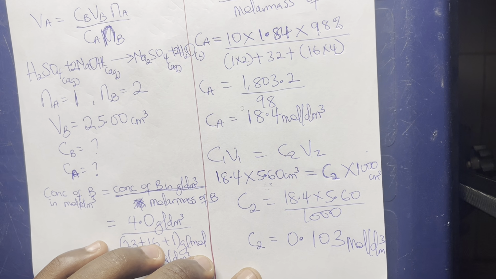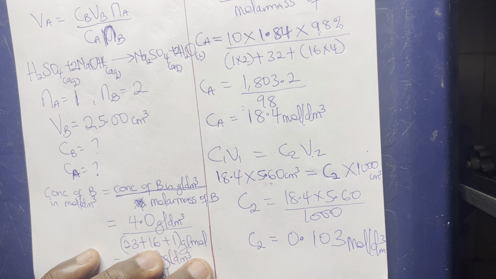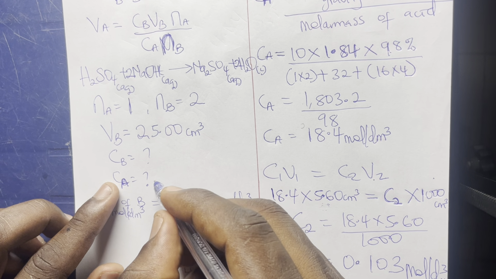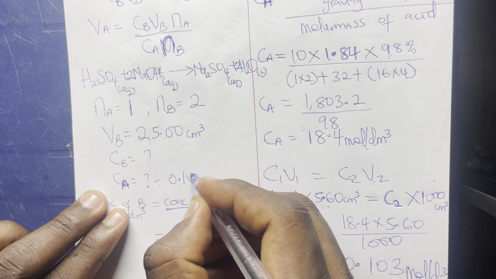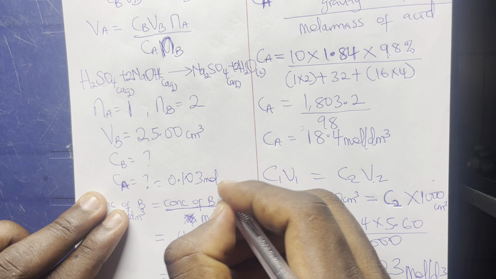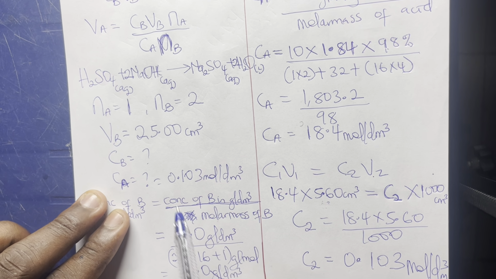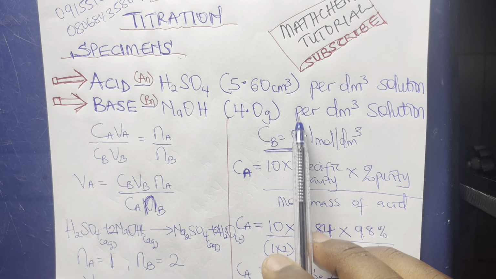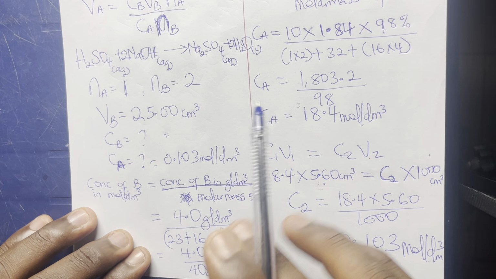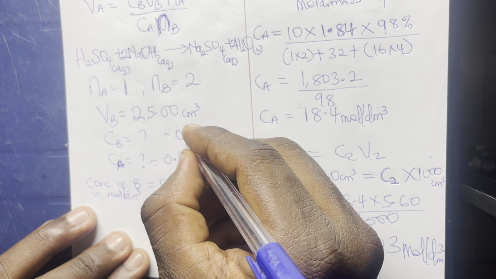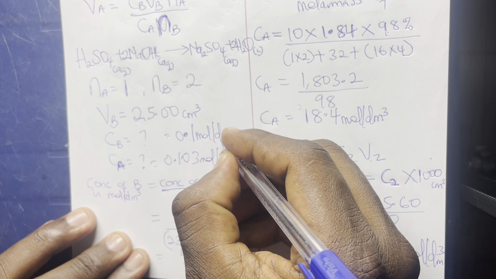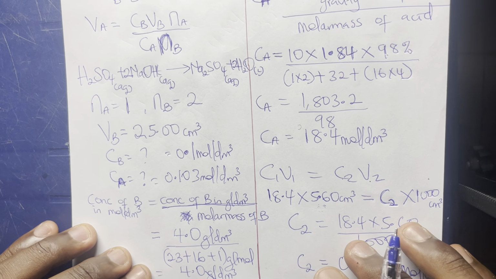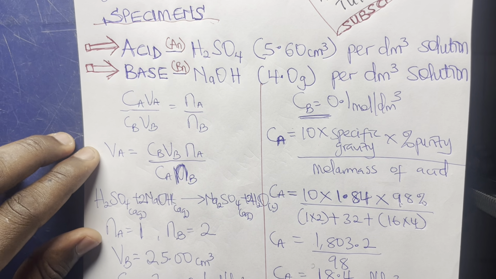Now that we have gotten the C2, it is going to represent our Ca, which is 0.103 mole per dm cube, whereby our Cb is going to represent 0.1. As you can see here, our Cb is 0.1 mole per dm cube. After getting this, we can now substitute all these parameters inside this formula.